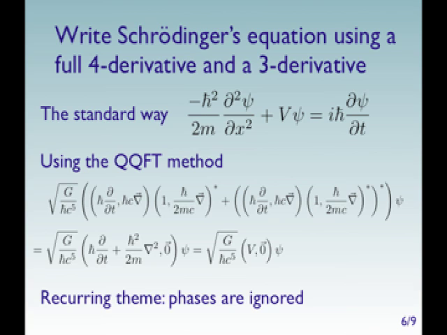And so that square root of G over h bar c^5 is actually 1 over Planck energy. And so that thing has no units. And that's a full 4-derivative because we've got that del operator there.